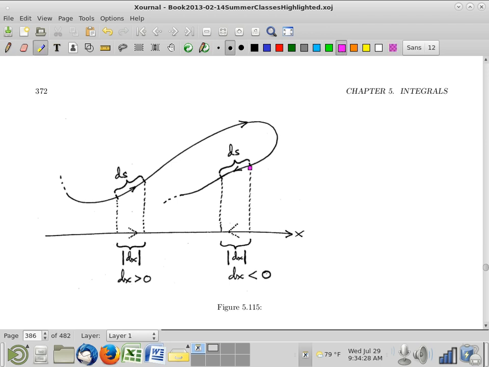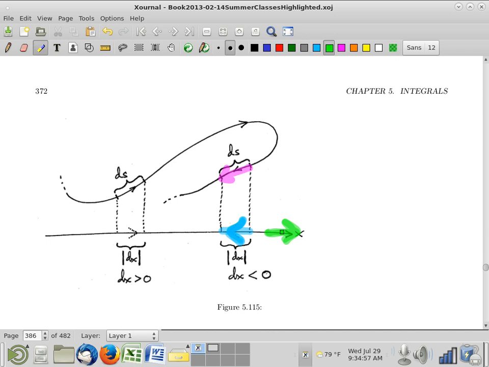Specifically, if the curve is like this, and notice which direction it's going, if you were to infer, in looking at its projection, a corresponding orientation on the projection, and if that direction is opposite of the direction that the x-axis points, then I'm going to say that this little piece of curve projected onto the x-axis kind of backwards.